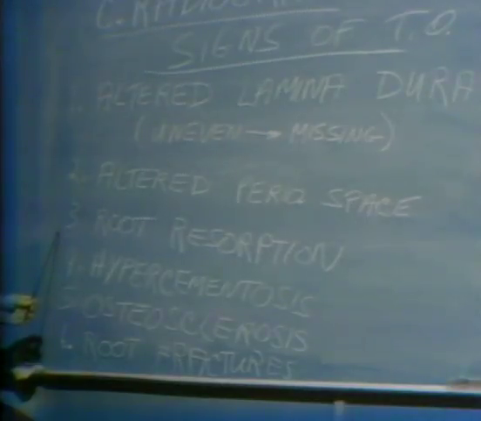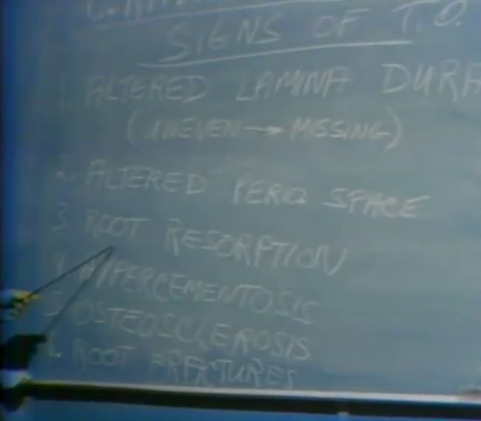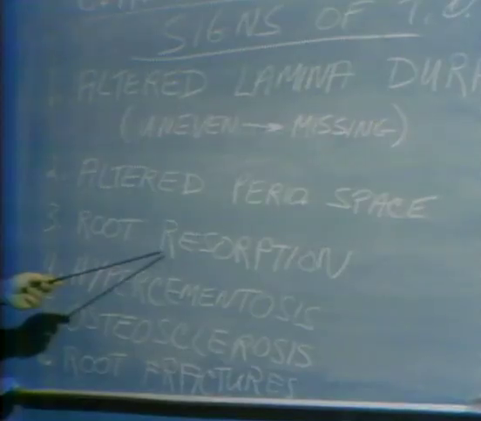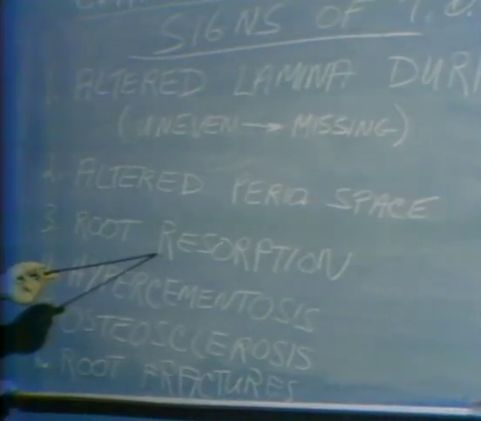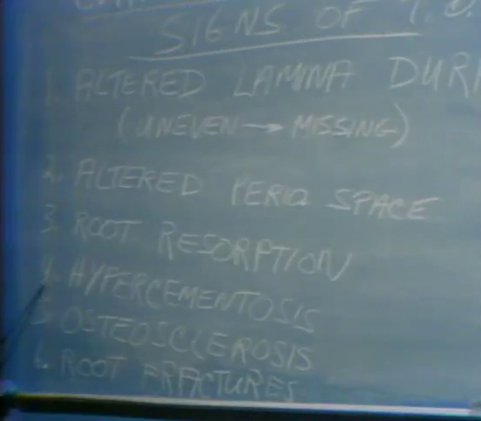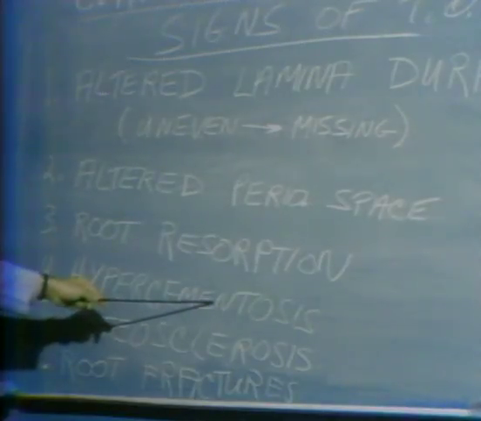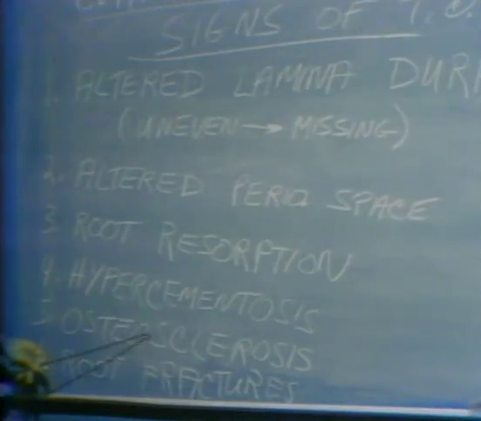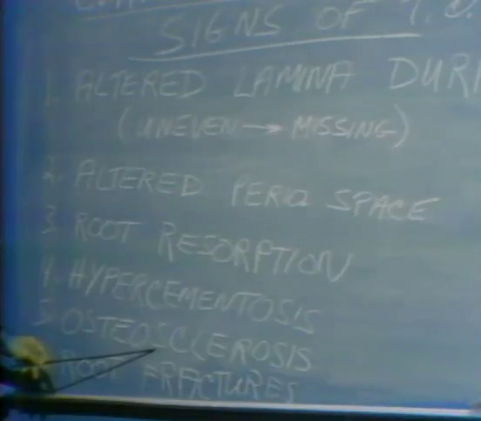Number 3, with excessive traumatic occlusion, you will note on x-rays root resorption. Again, this is sometimes seen in post-orthodontic cases. Number 4, as a result of chronic, long-standing traumatic occlusion, we can have hypercementosis of the teeth as well as an osteosclerosis of the surrounding bone.